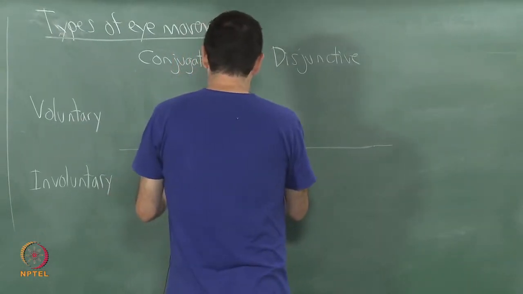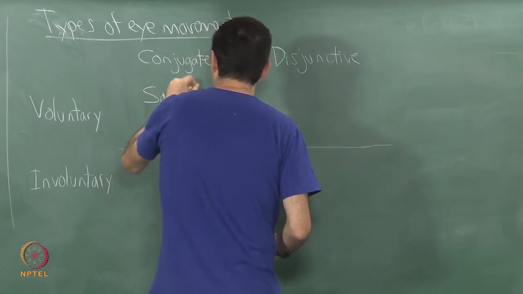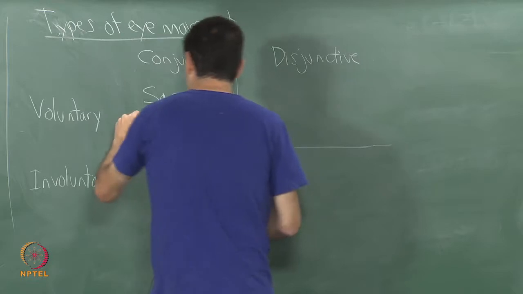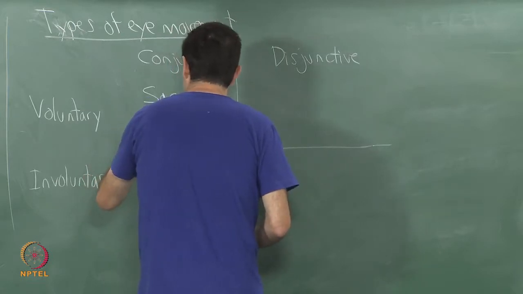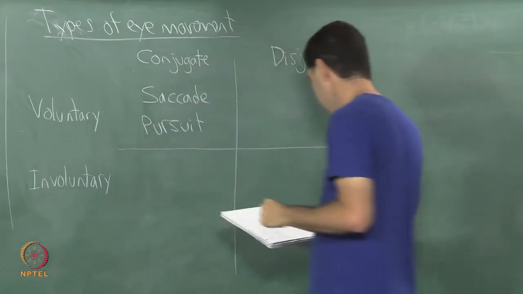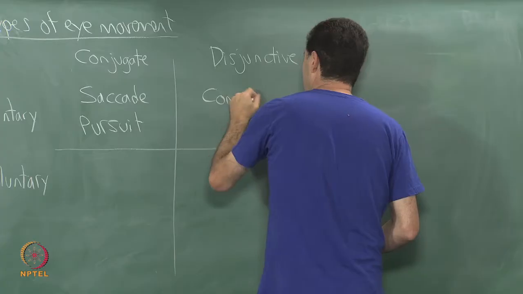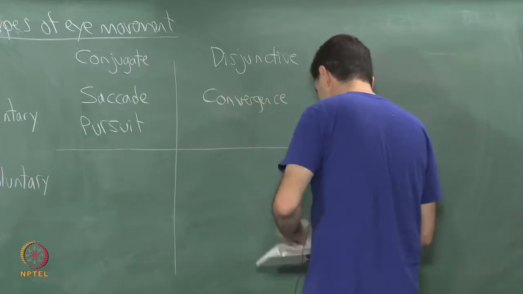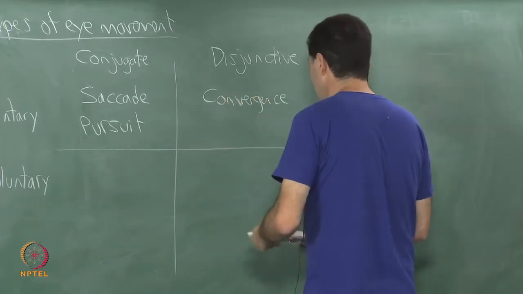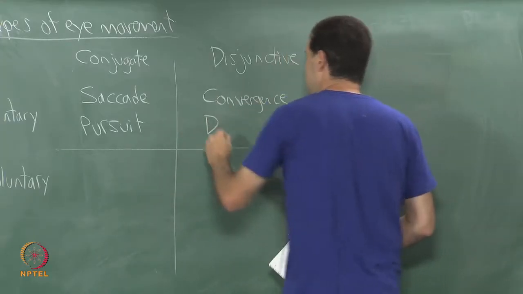All right. So on the conjugate side we have saccades and pursuit, sometimes called smooth pursuit. On the disjunctive side we have convergence, which can be coupled together with the other one that goes here, which is divergence.